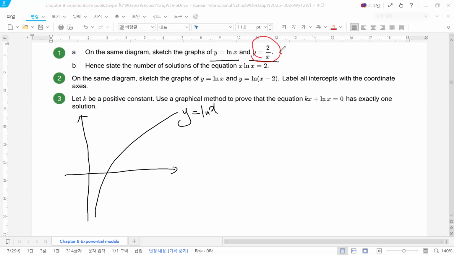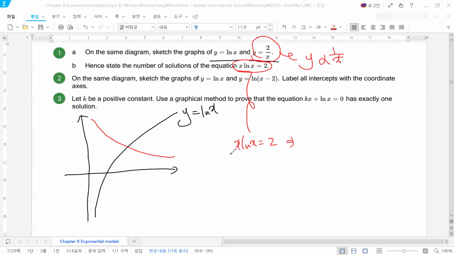Guys, this graph shows y is inversely proportional to x. Can you see that? Okay, so the graph is shown in this way. So how many solutions does it have? Okay, so x ln x equals 2.